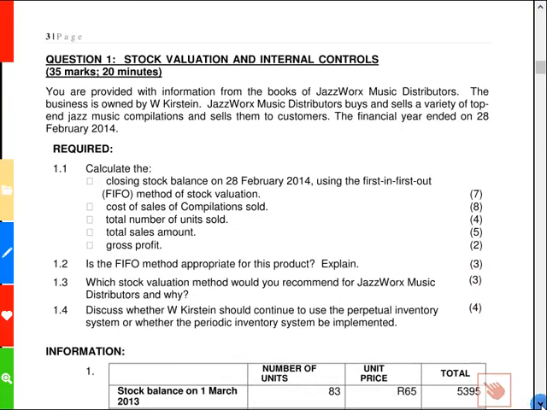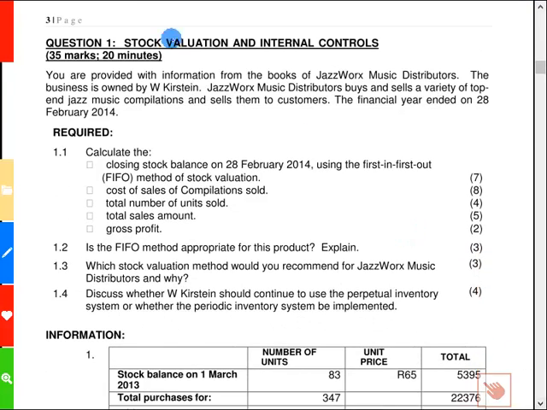Stock valuation and internal controls. We read our required briefly. Calculate the closing stock balance, alright, on 28 February 2014 using the FIFO method of stock valuation. Then that's for 7 marks. Always check the mark allocation so that you know how much time you should be spending on a question.